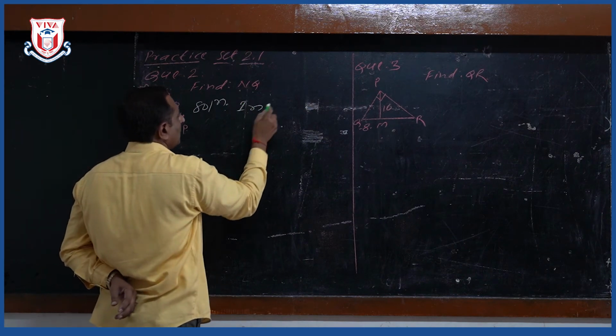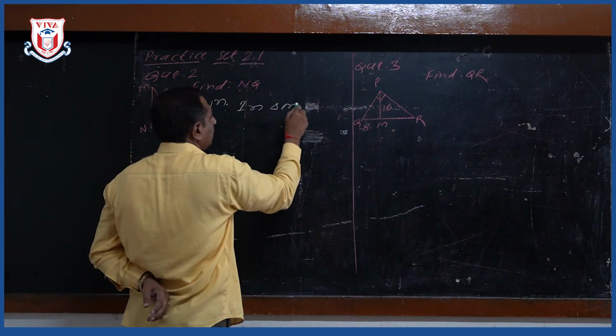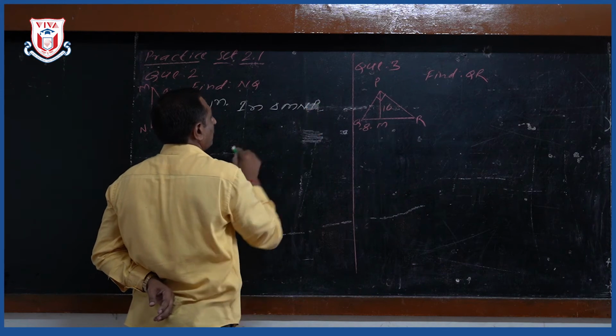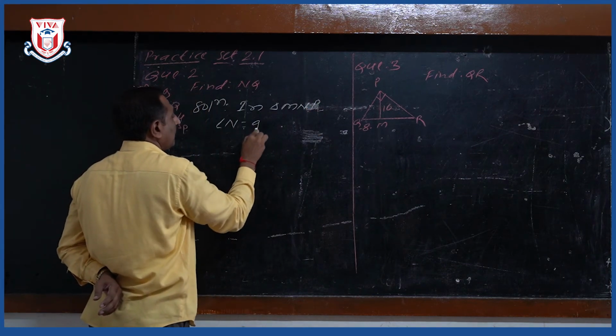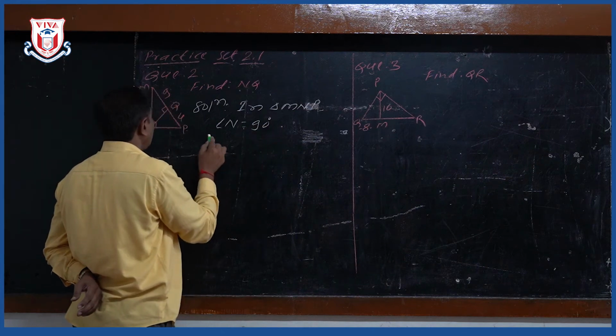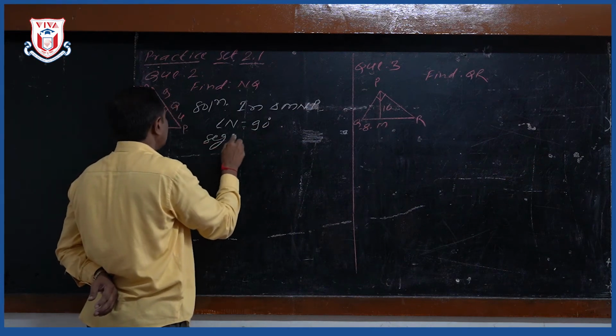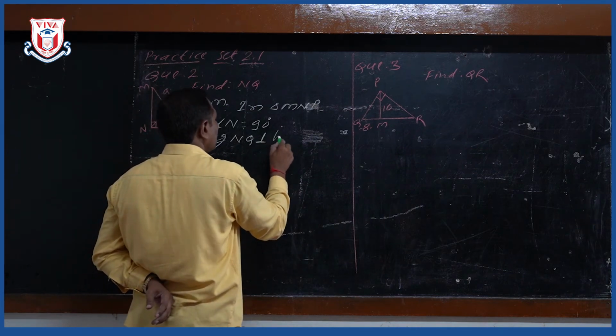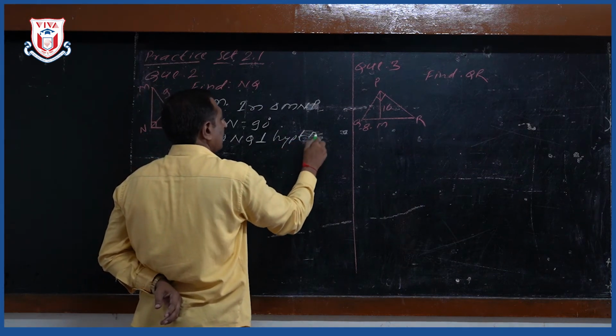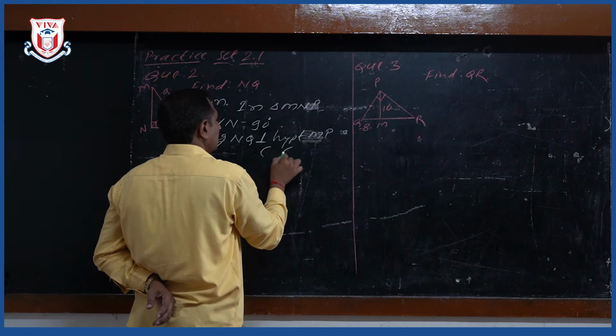Now, solution. In triangle MNP, angle N is 90 degrees, again segment NQ is perpendicular to hypotenuse MP. This is given.